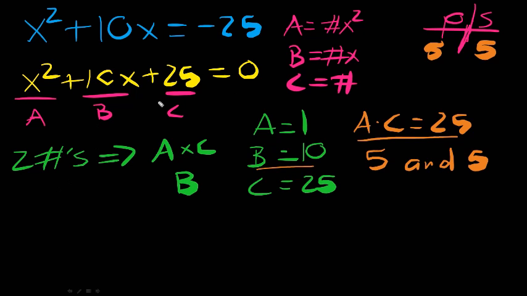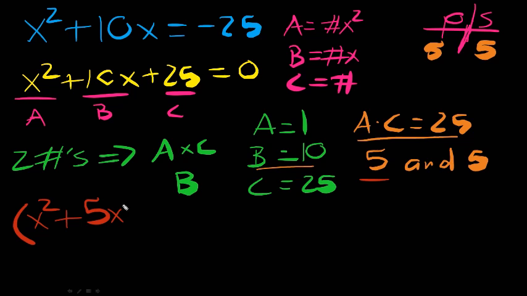Now that we have our numbers, what we do is we put a parentheses, and then you put the A term down. You put the A term, and then you take one of your product or sum numbers. Let's just take this 5 for example, and then you add a plus sign to it, plus 5, and then you add an x next to it.